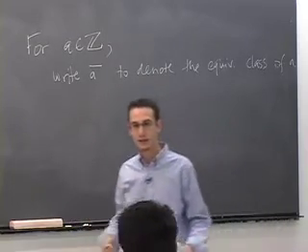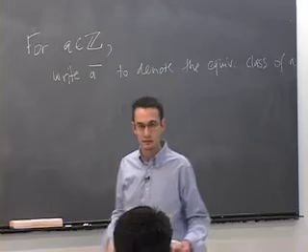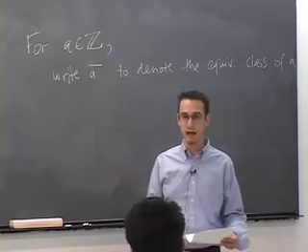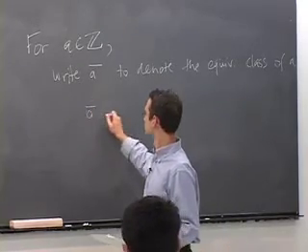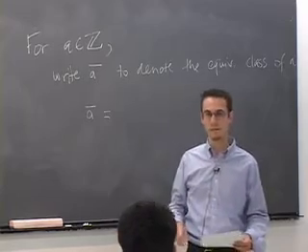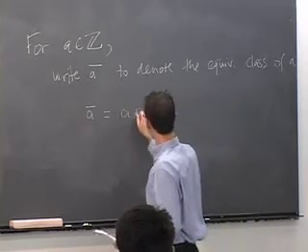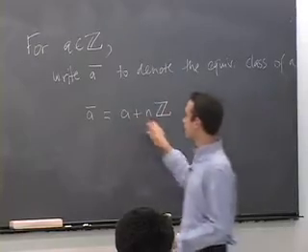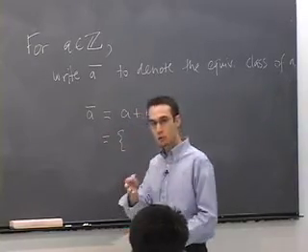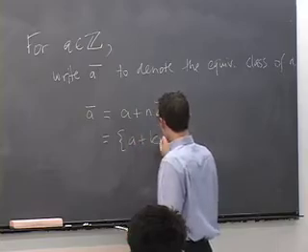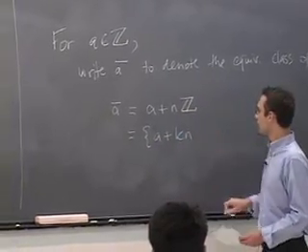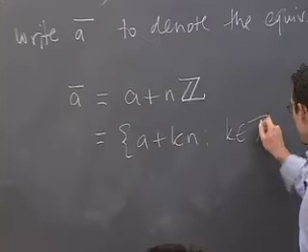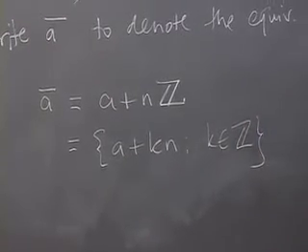Yes, it's a set of all numbers of the form nz plus a. Exactly. A bar looks like a plus nZ, or, as you put it, all things of the form a plus kn as k ranges over Z. These are the same thing.